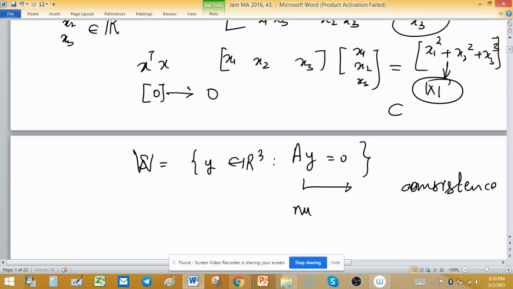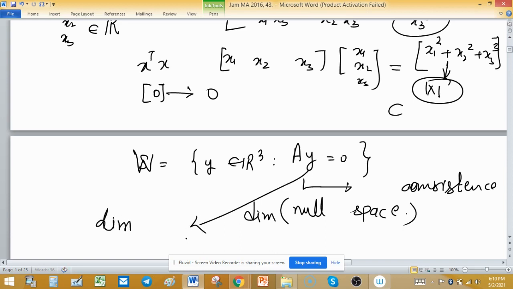So this is nothing but the null space. So we have to find the dimension of the null space, meaning the nullity. As this is a single constraint, and this is from R3, so 3 variables are used, 3 minus the number of constraints, which is 1, so 2 is the dimension of the null space, or 2 is the nullity.